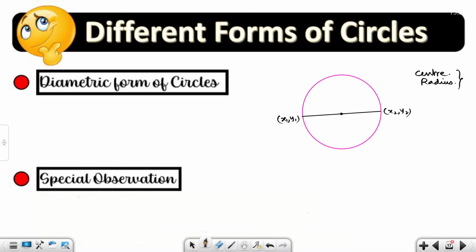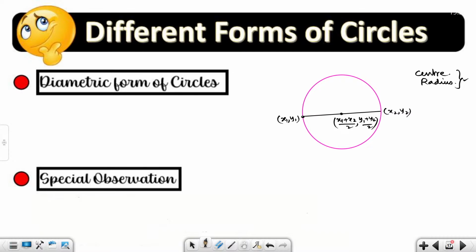Please try to observe this carefully. So what will be its center? As we know, the center is the midpoint of the extremities of this diameter. Therefore, the center will be (x1 plus x2)/2, (y1 plus y2)/2 by using the midpoint formula.